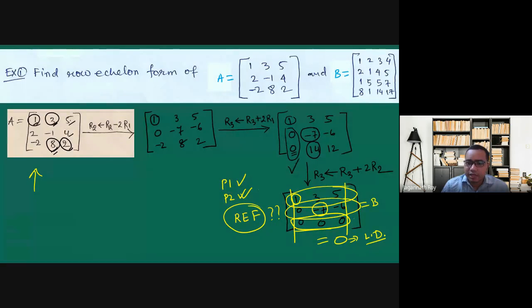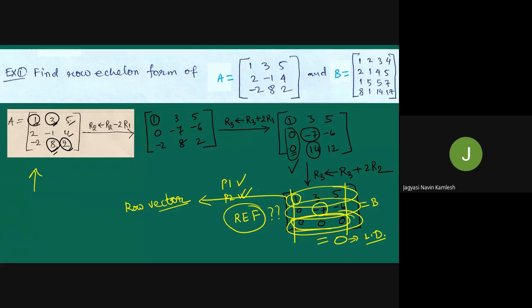So these three vectors are linearly dependent. In the last class I have said that a row is sometimes called a row vector. It can be treated as a vector.